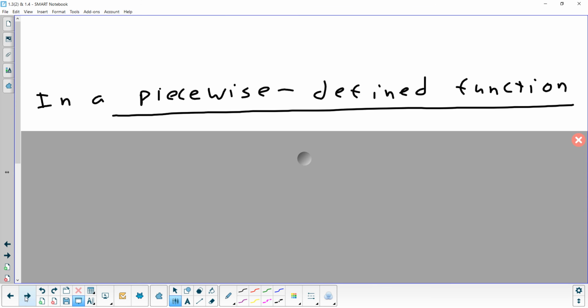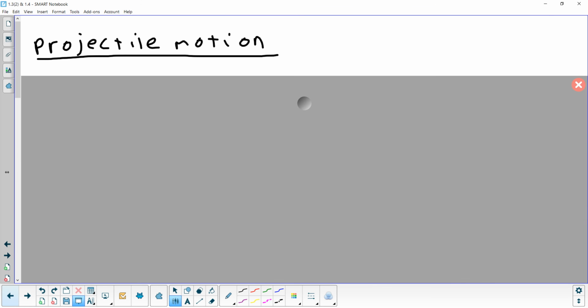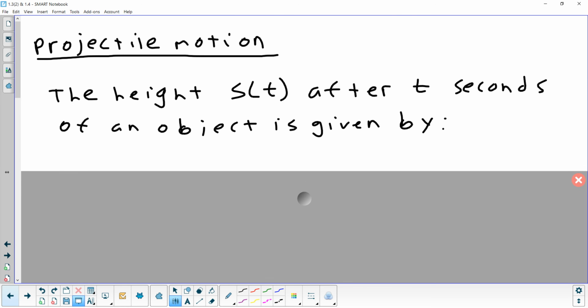All right, so the last thing, or second to last thing in this part, is what's called projectile motion. And I'm going to use this to show you guys how to solve a quadratic without the quadratic formula. Okay, we're going to do it on the calculator.